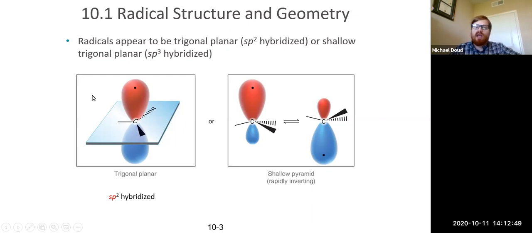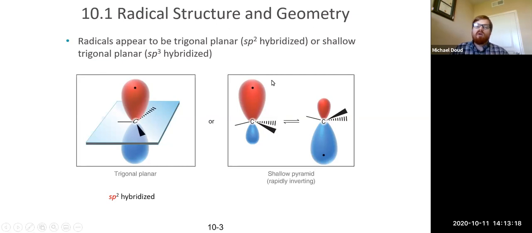So radicals that have pi overlap with a neighboring pi bond, like let's say they're in an allylic or a benzylic position, those radicals are going to be in unhybridized p orbitals. Now that's not all the time, and a lot of times we'll see sp3 hybridized radicals. With these sp3 hybridized radicals, of course, there's only sp3 orbitals available, so the lone electron has to be residing in the sp3 orbital.